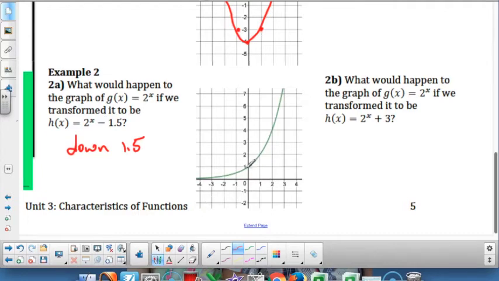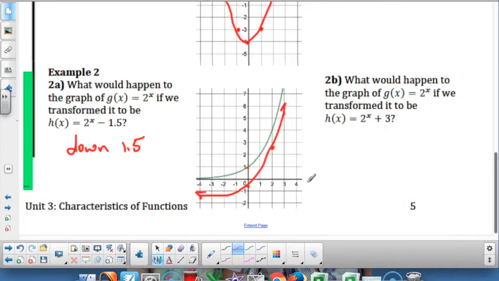So each of these points would go down 1.5. This ordered pair right here would go down 1.5. I'm just looking for places where it intersects. So what I would end up having is a curve that goes like this, and it would go up.